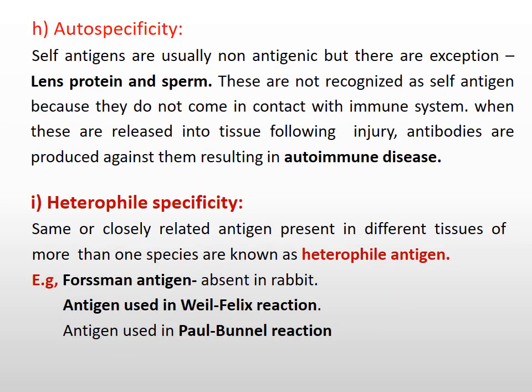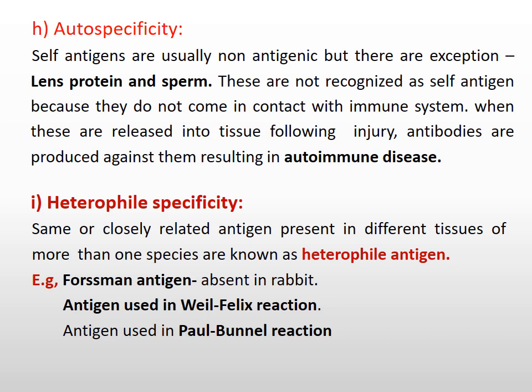Now, autospecificity. Autospecificity means self antigens are usually non-antigenic. We have already gone through this, but there are a few exceptions like lens protein and sperm protein. Though they are self, they are treated as foreign. Why?